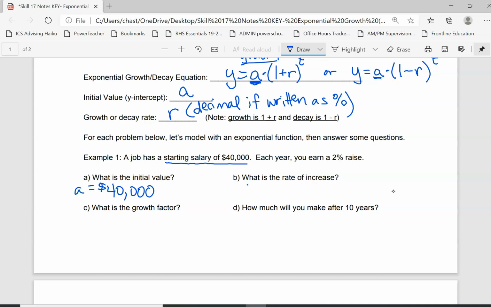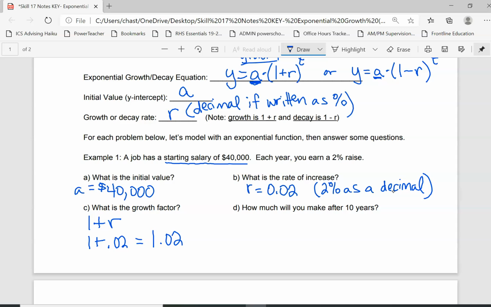The rate of increase, so R is 0.02, that's 2% as a decimal. The growth factor is going to be 1 plus r, so in our case 1 plus 0.02, which is 1.02.